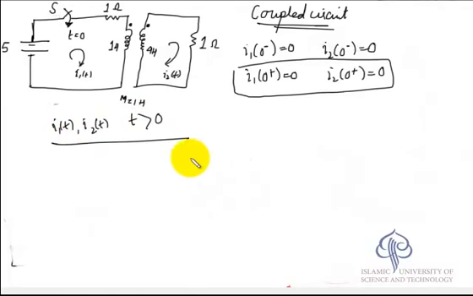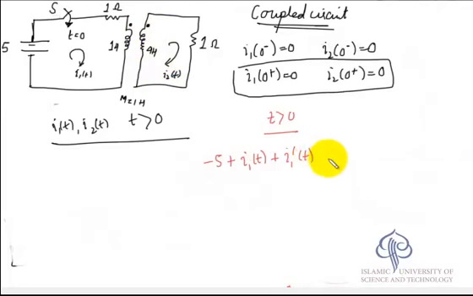The method is similar, the approach is similar. We'll write down the differential equations for the primary side. For t greater than 0, we can write down -5 plus 1 into I1(t), because this is the resistance, 1 into I1(t) plus another 1 into I1'(t), plus, because of the mutual inductance, the current I1(t) is flowing into the dot and the current I2(t) is flowing out of the dot.